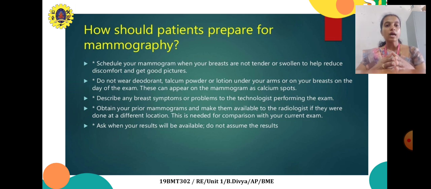Ask when your results will be available. Do not assume the results. Once we have done the mammogram, we need not come to a judgment that the patient has some type of cancer in the breast. It is not blindly identified.